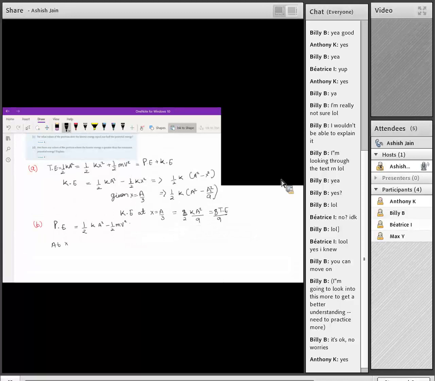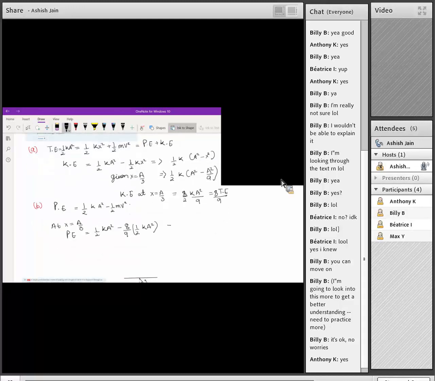At x equals a by 3, PE is half k a square minus 8 by 9 half k a square, which I can write as 1 by 9 total energy, that is half k a square.